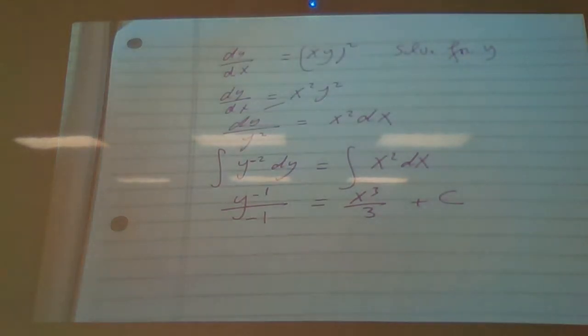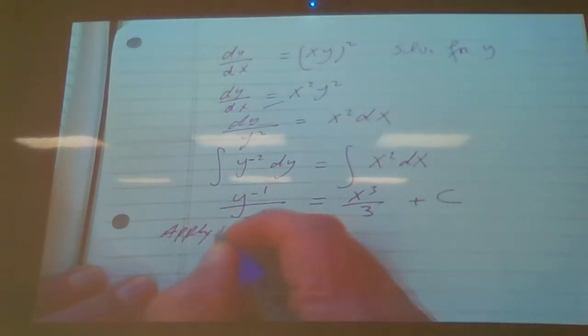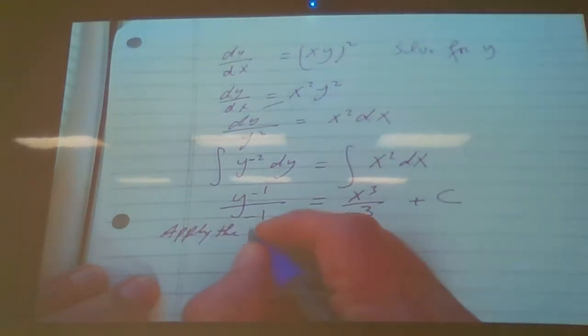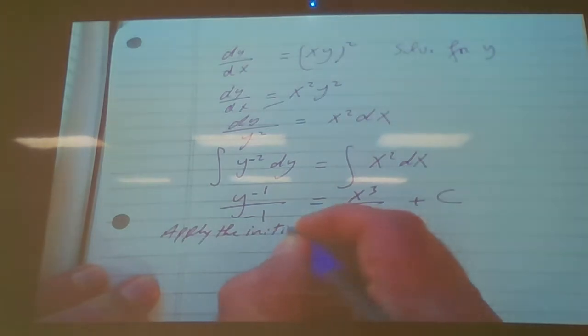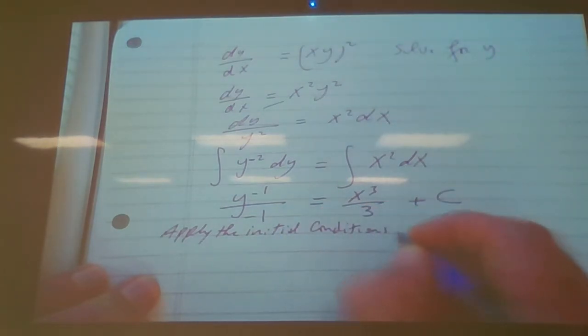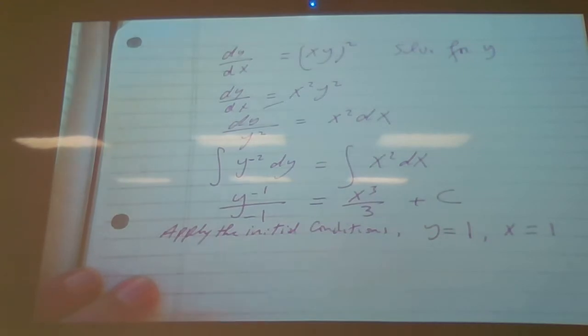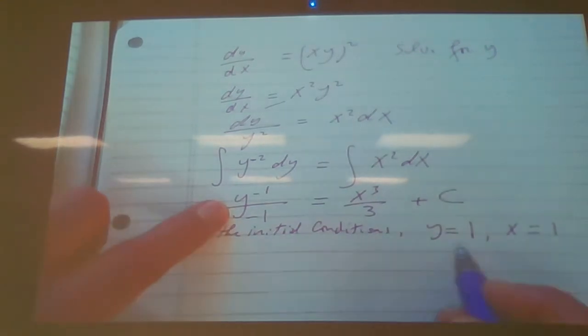Okay, so now we're going to apply the initial conditions, which was on the other page, y equal 1, x equal 1. So I'm going to go over here, I'll plug in for y.